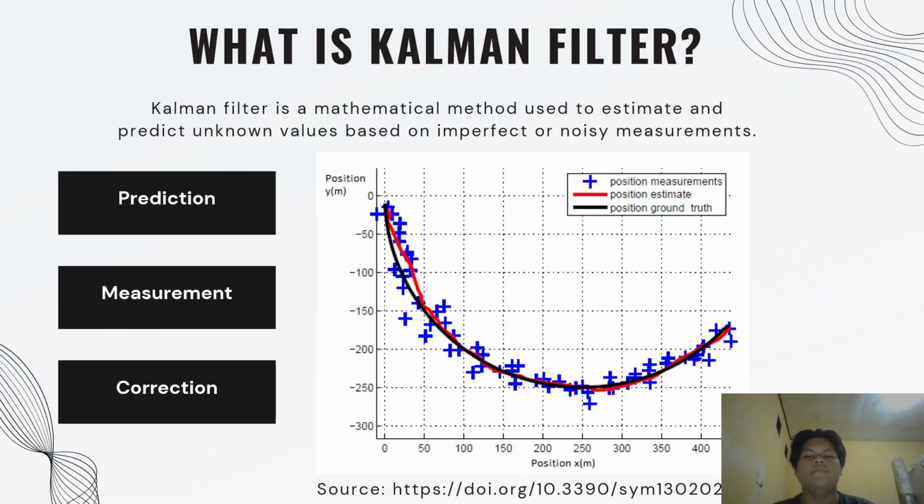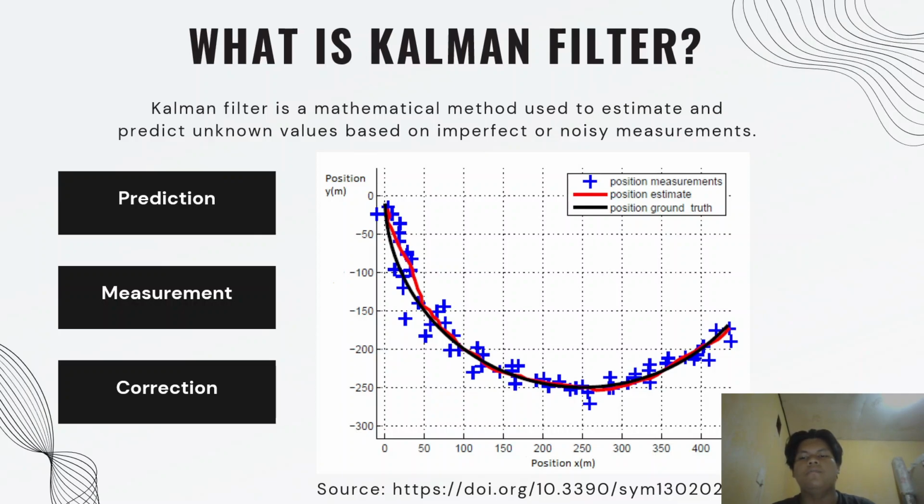The next phase is measurement, where you obtain measurement data from your instruments such as GPS. However, this data is not always accurate. The Kalman filter takes this measurement data and considers how far it is from the previously made prediction. The next phase is correction, based on the prediction and measurement data.